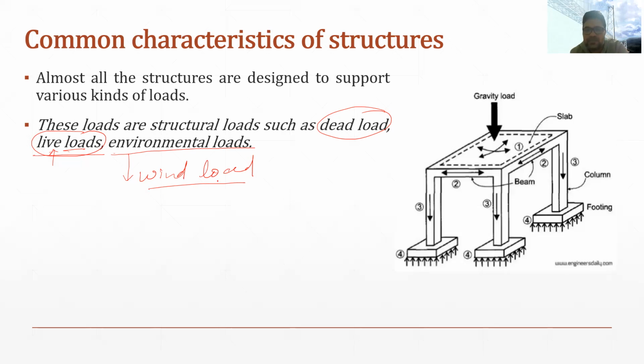So on a large building, the effect of wind load is significant, and in that case we consider the effect of wind load. Similarly, other environmental load can be earthquake load. Because of the earthquake, our building will shake, so generally we design our building to resist earthquake impact also. Similarly, other environmental load can be temperature load.